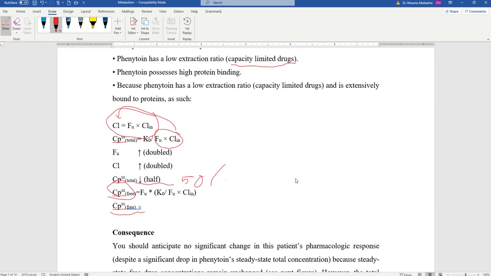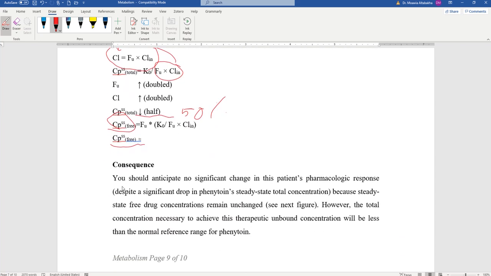Okay, and why? This is because the fraction unbound increased while the CPSS decreased. Okay, and this is what we say. You should anticipate no significant change in this patient's pharmacological response, despite a significant drop in phenytoin steady state total concentration. Why? Because steady state free drug concentration remains unchanged.